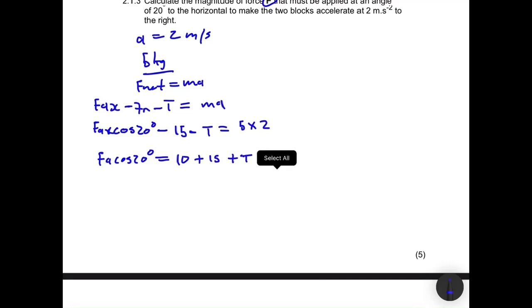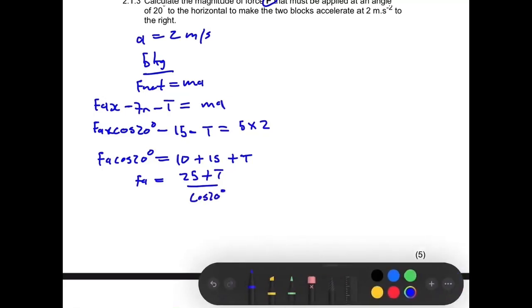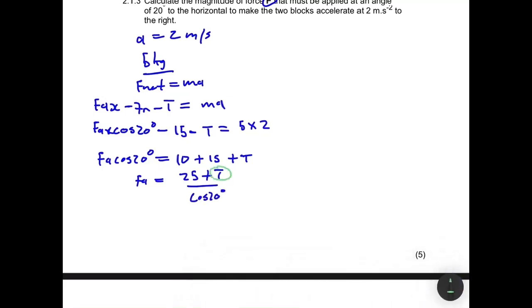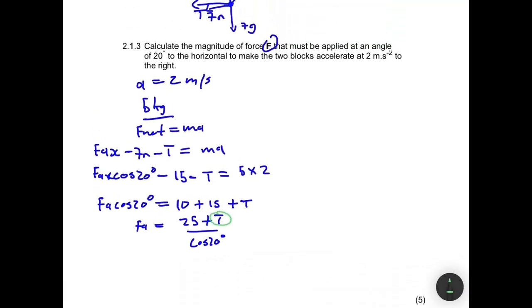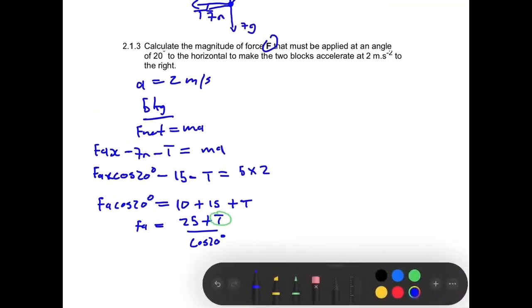Now we can divide both sides by cos of 20. So we get force applied being equal to 25 plus the tension, divided by cos of 20. So it's easy to see now that we just need the tension. If we get the tension, then we basically have the force applied.